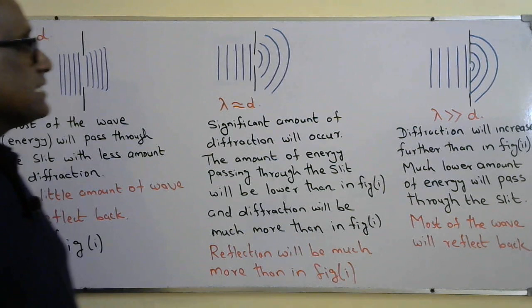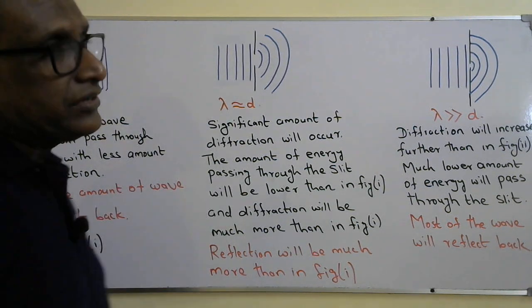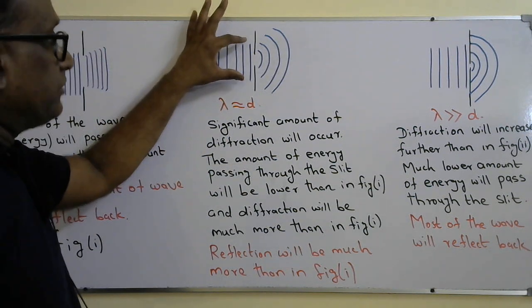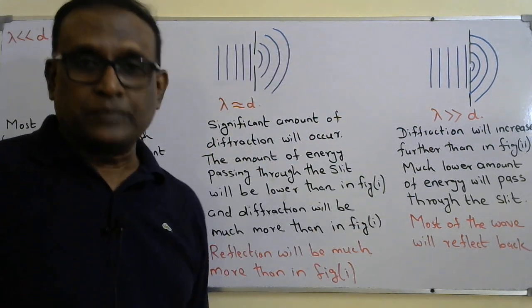When the slit size is almost equal to the wavelength, what happens? There will be significant diffraction. So that means there will be a reasonably large amount of diffraction, with a certain amount of energy passing through.